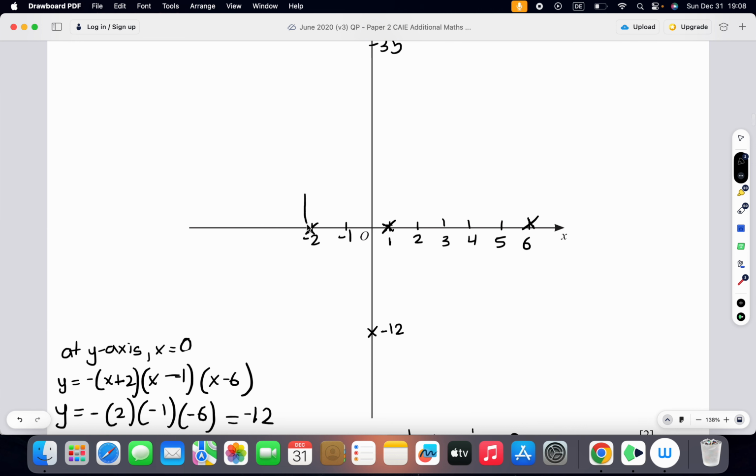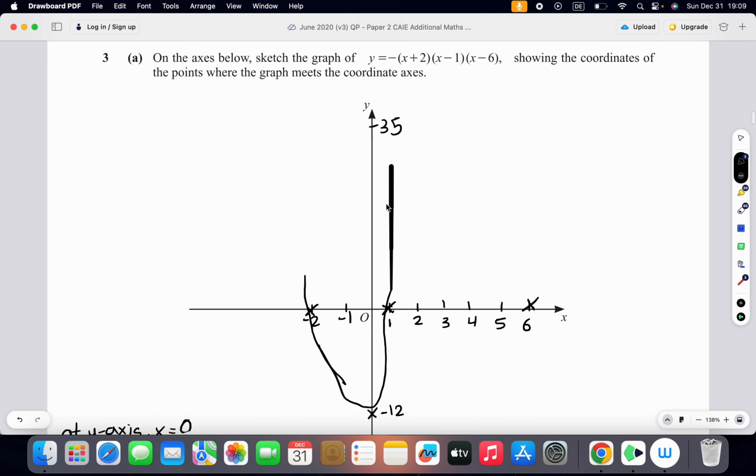So we are going to go through like that and go through negative 12, and now we're going to go back through 1. Let's do this again. That goes through negative 12, goes to 1, goes to the top, and comes back to 6. So you get the point. I drew it really roughly.